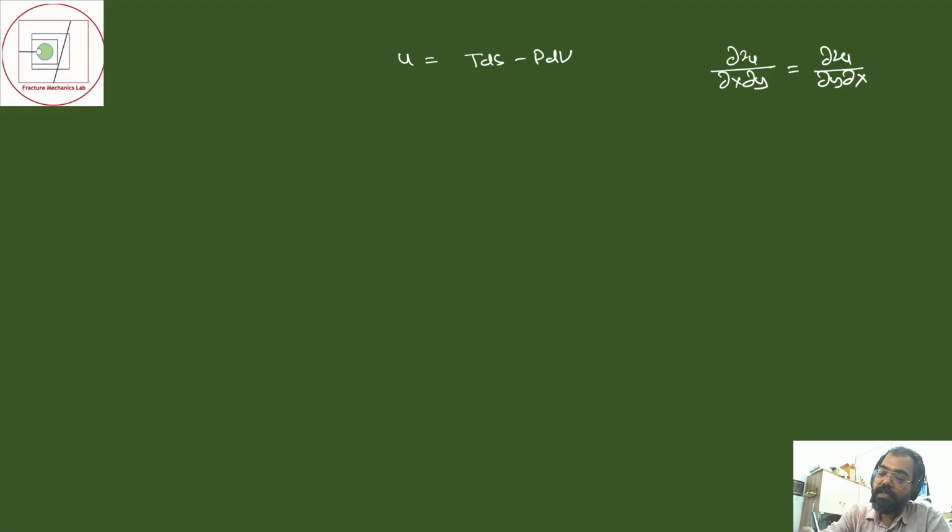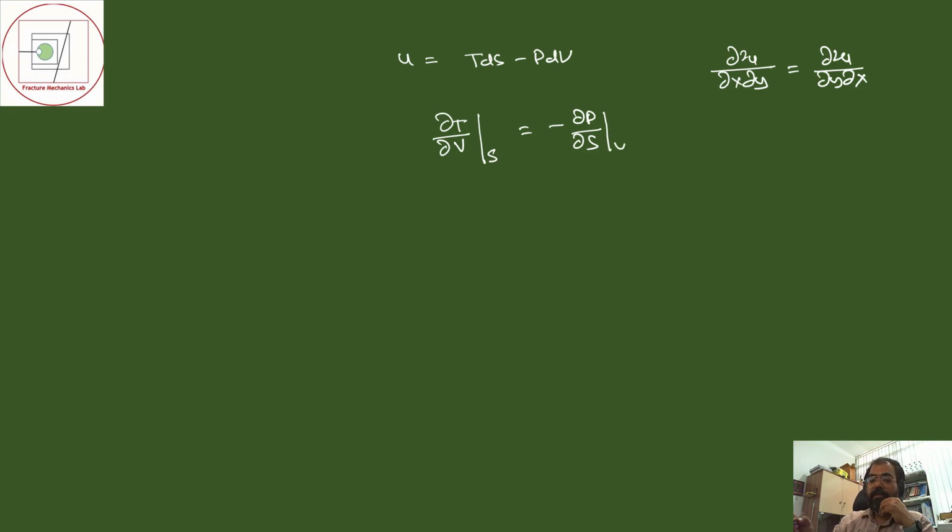So we know that del T by del V at constant S must be equal to minus del P by del S at constant volume.